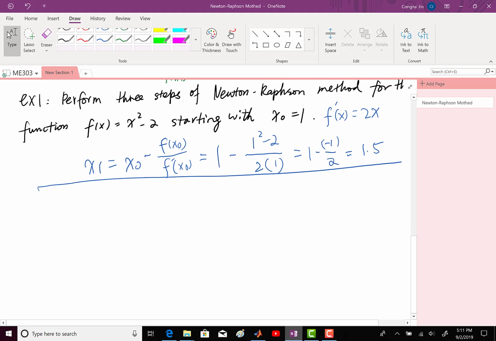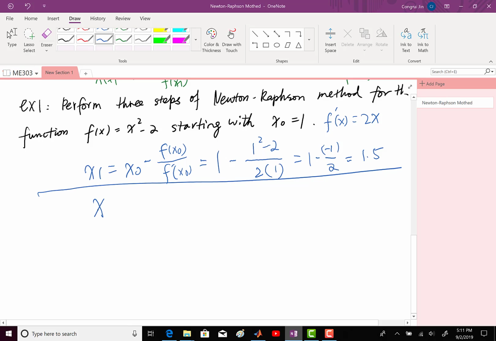Let's see the second iteration: x2 equal to x1 minus f(x1) over f'(x1). x1 is 1.5, so it's 1.5 minus (1.5 squared minus 2) over 2 times x1, which is 3.